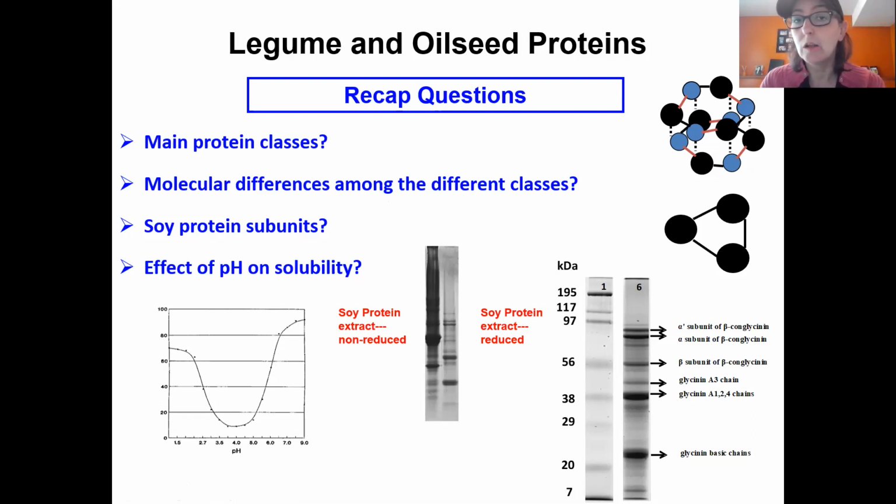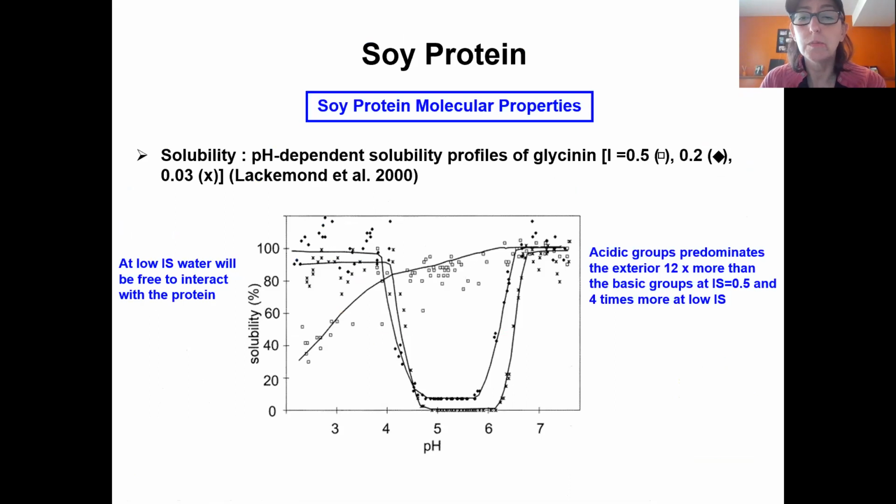So this is a little bit of a recap, and then we're going to move on and talk more specifically about the solubility of the different fractions of soy. This example is actually from an article that I posted under reading material.